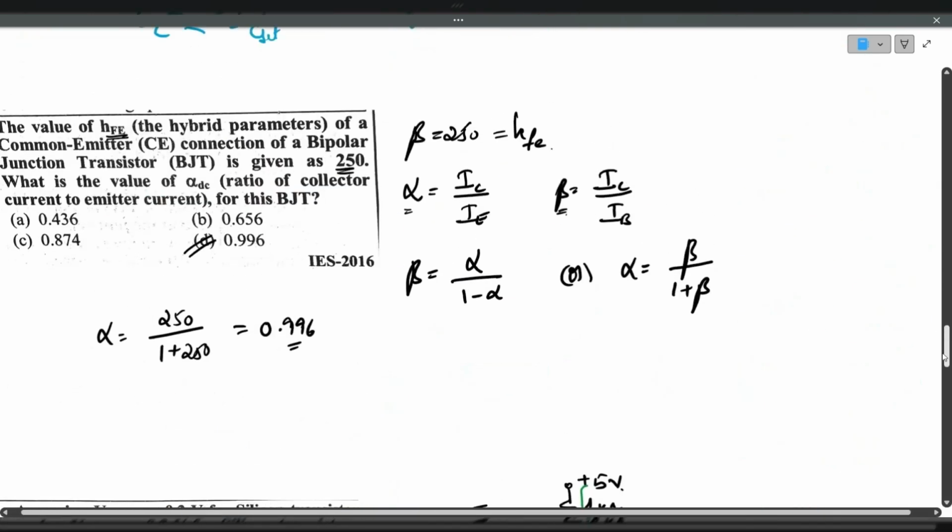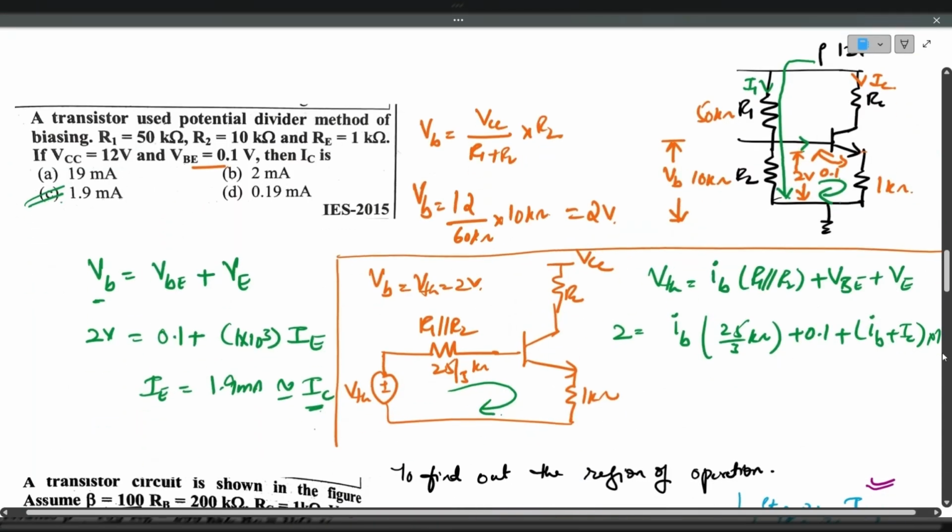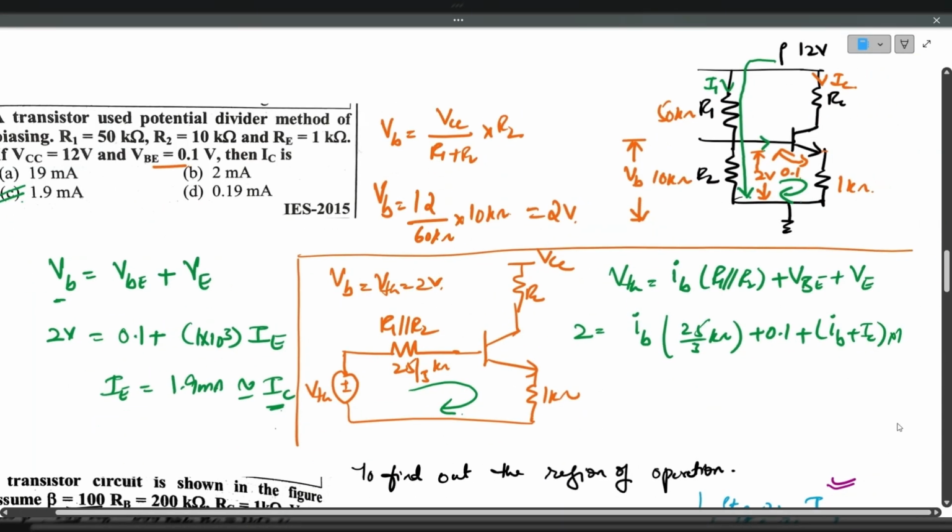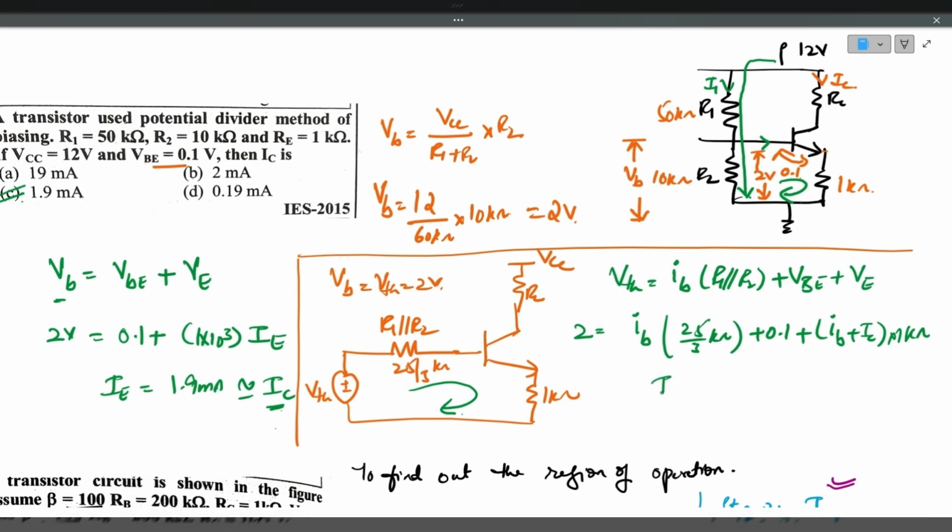So if you solve this entire thing, you will get 1.9 is equal to IB times 25 by 3 kilo ohms plus 1 kilo ohm, plus IC times 1 kilo ohm.